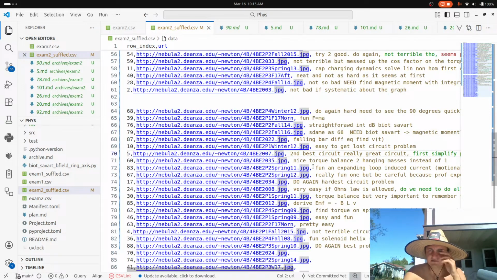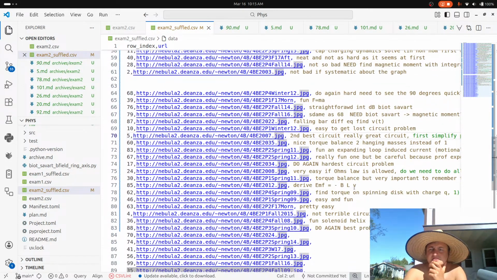Oh, yeah, I like this one. I like this one. Do again, hardest circuit problem. Hardest circuit problem, was it really?